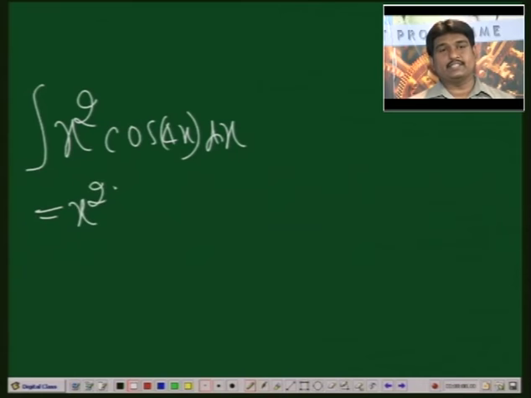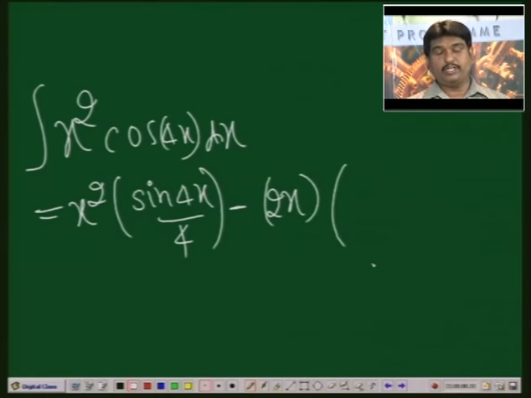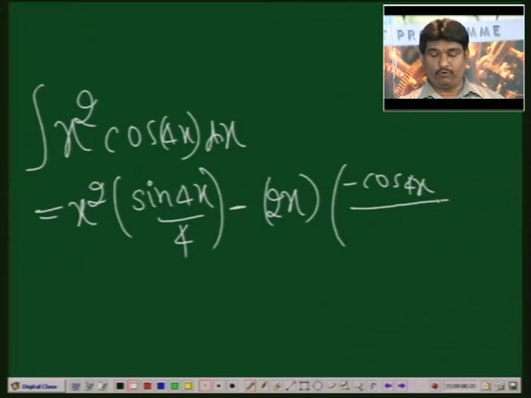First function as it is, x square, integration of the second function, integration of cos 4x is sin 4x divided by 4, minus differentiation of x square, the first function, which is 2x, into integration of the second function, integration of sin 4x is minus cos 4x divided by 4, so 4 into 4 is 16, plus.